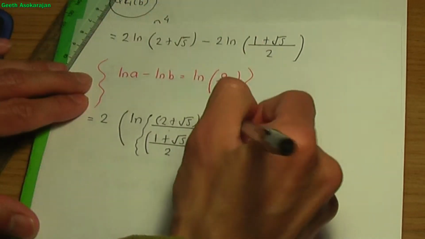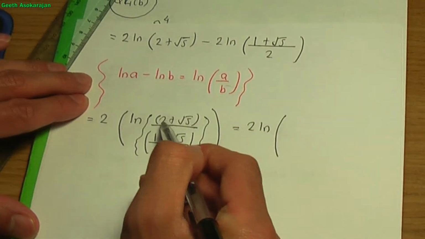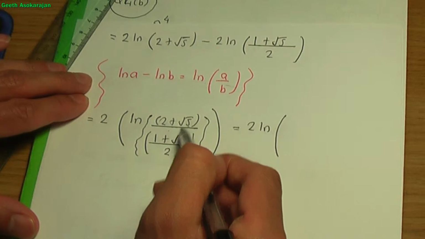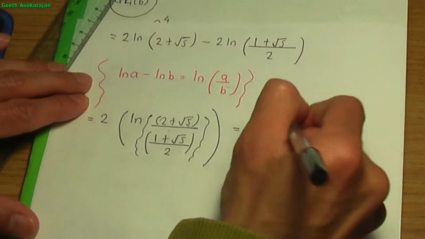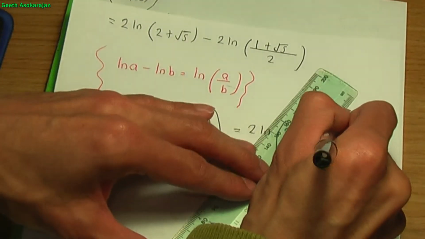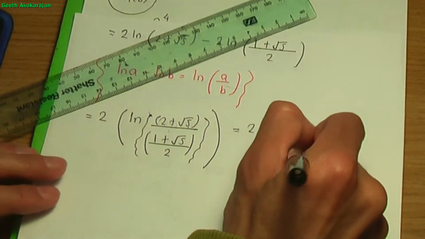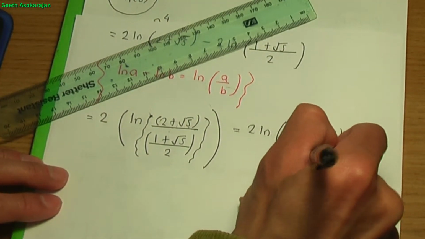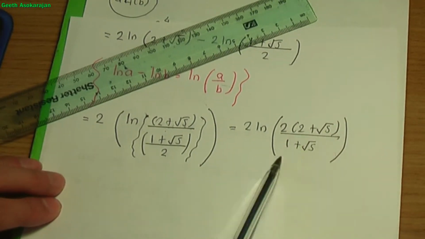And I could rewrite this as 2 ln of 2 plus root 5 divided by 1 plus root 5 over 2. That's the same as writing 2 ln of 2 times 2 plus root 5 all over 1 plus root 5. So that is what you should have as the argument.